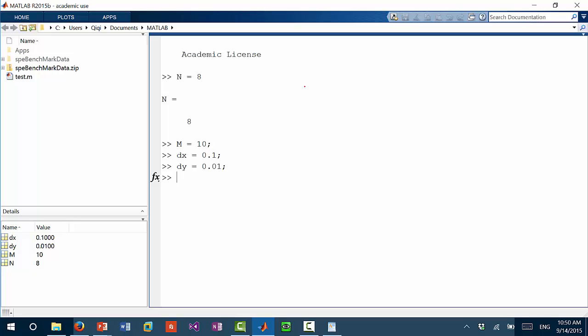So first we are going to make matrix A equal to zeros, n times m. That makes an 80 by 80 matrix, right? Then first let's fill the diagonals.